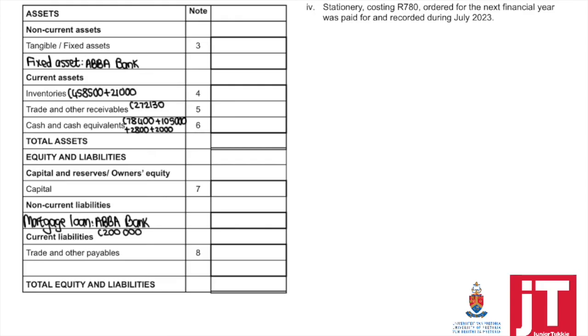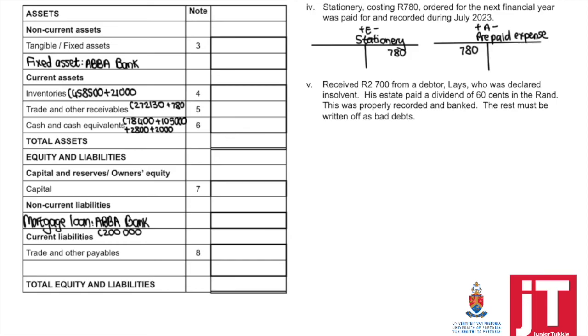This is a prepaid expense, which means that stationery doesn't form part of my expense for this accounting period. That must be taken out and taken to prepaid expense, which is added to trade and other receivables. Know your formats. If you don't know your formats, you're not going to know where to take it, and then you're going to end up losing marks unnecessarily.